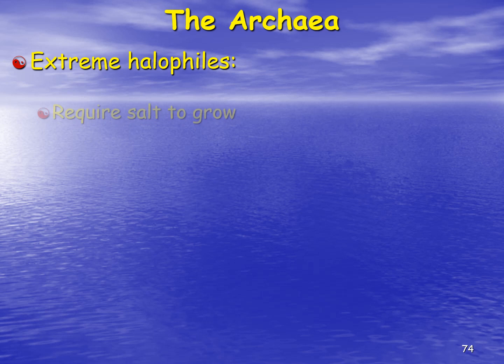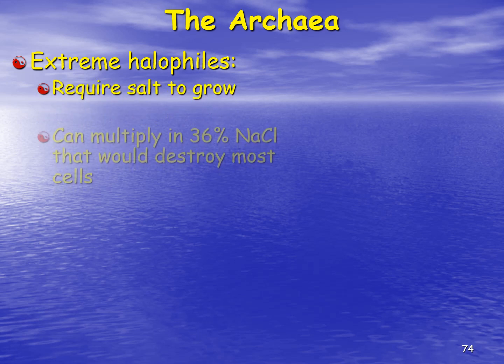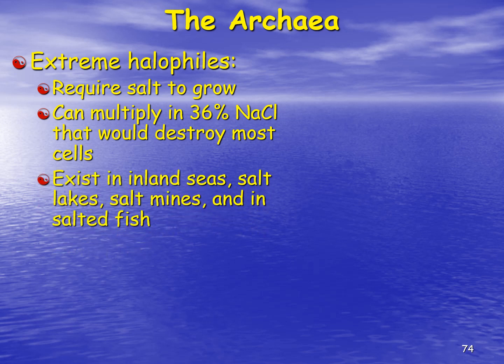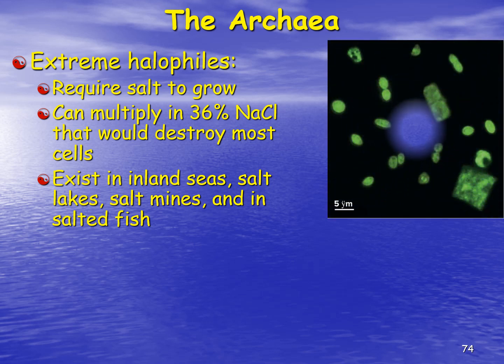The extreme halophiles require huge amounts of salt in their environment to grow and reproduce. They can multiply in environments that have 30% sodium chloride that would destroy most other cells. They primarily exist in inland seas, salt lakes, salt mines, and even in salted fish.